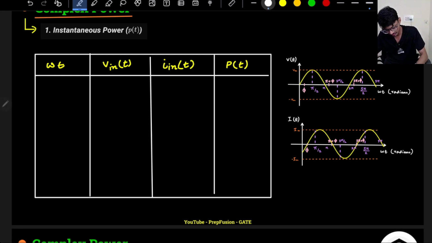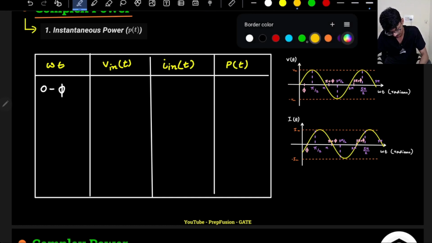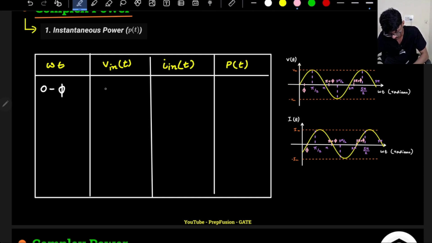So if I vary omega t from 0 to phi, what is the voltage? The voltage is always positive from 0 to pi, no matter what. So my voltage is positive, greater than 0.